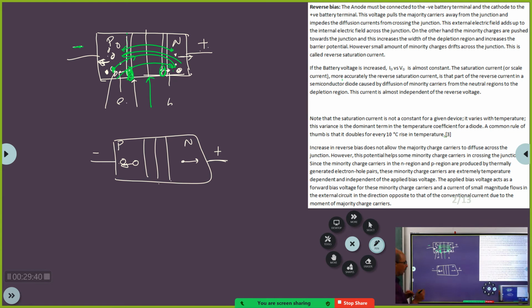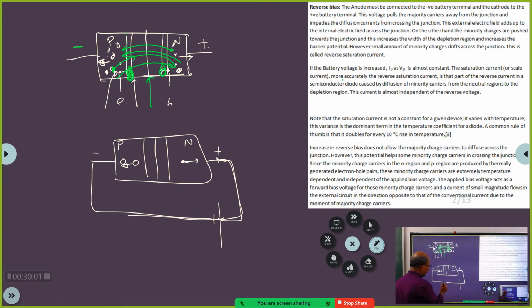Now what is going to happen here? Again, you see, you have connected the positive terminal of the battery. That is what is reverse biasing. So here, whatever electron was pulled by this side, it will go to the battery, and this battery will send that electron here, and this hole will come here.